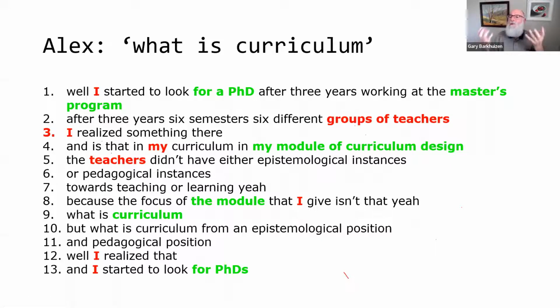So he needs more academic information, more theory about curriculum in order to be able to teach his future teachers more effectively. So he's had this group of teachers for these semesters, but the teachers, they don't have this background because I can't give it to them. So what I better do is I better go and start looking for a PhD.